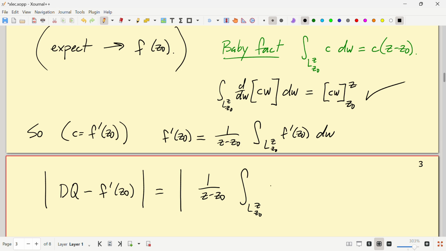So here I'm going to have f of w minus f prime of z naught, that's a constant, dw. And of course, this is an integral along a small thing of a small function, so it's going to be so small that that thing out in front is not going to mess with it. This is the important moment. Any questions about this?